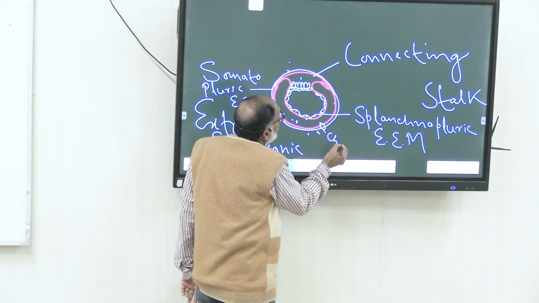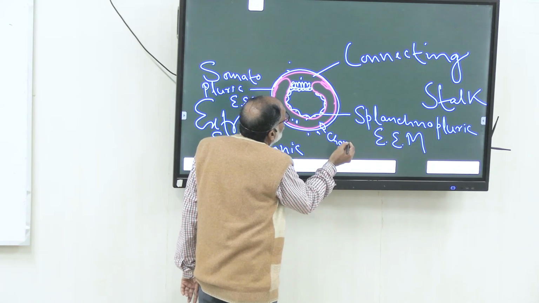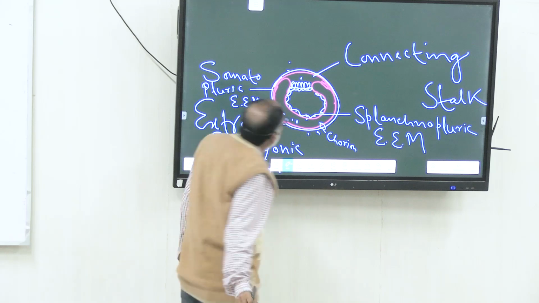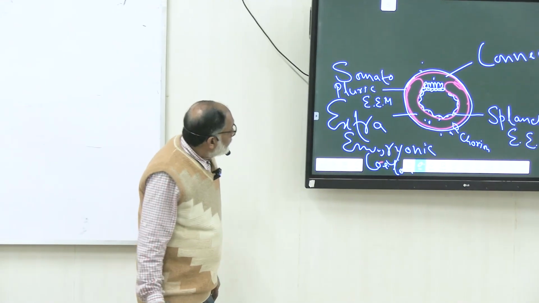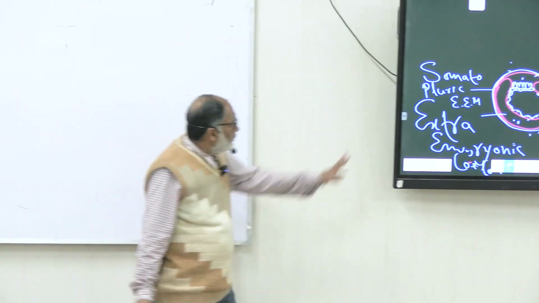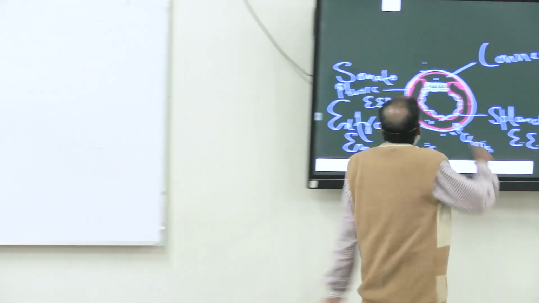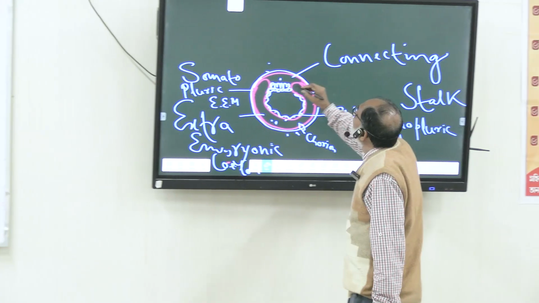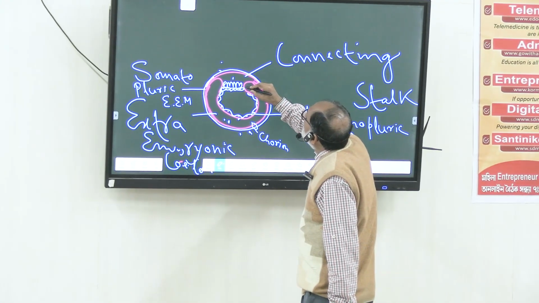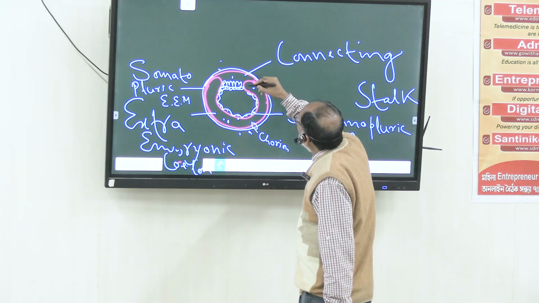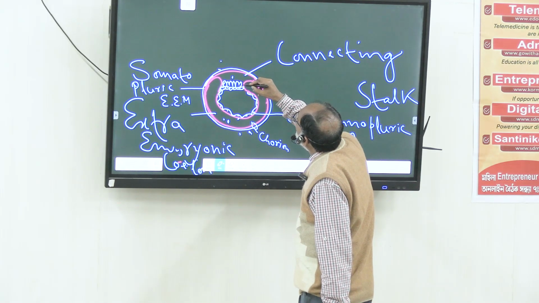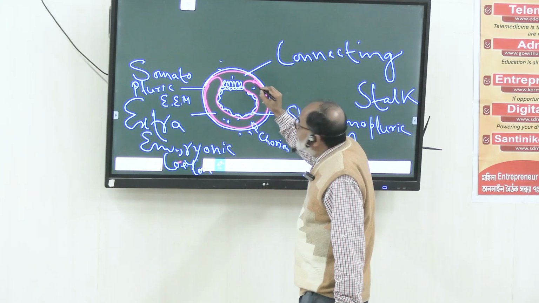This is called the chorion membrane, chorion. Right? And here you see this part. Here you see the amnion.